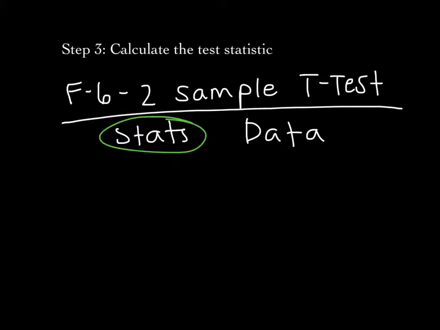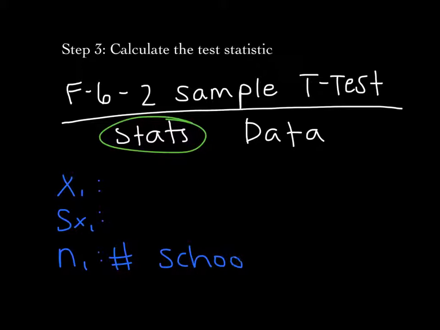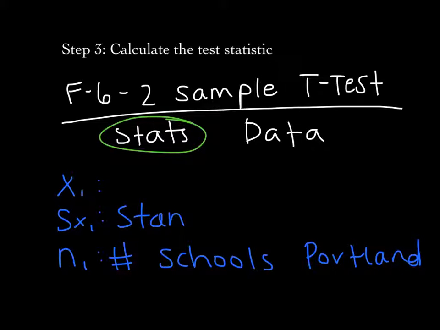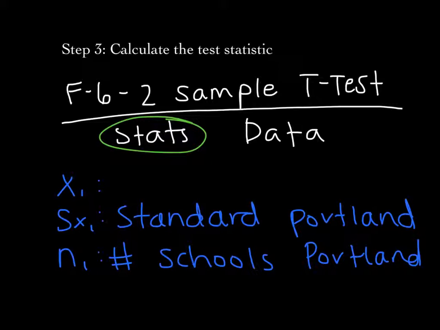Once you are in your calculator, it's going to ask you for the mean for the first variable, the standard deviation for the first variable, and the number of schools. So the number of schools would be the N1 for Portland. The Sx would be the standard deviation for the Portland schools. And x̄ would be the mean for Portland.